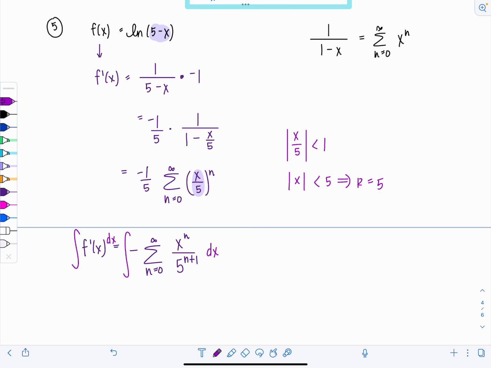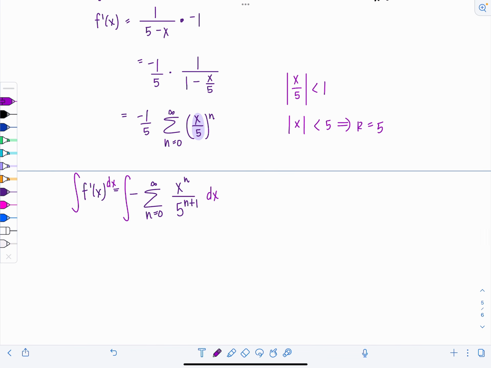It makes me angry. Okay, so then now over here, we've got f of x equals. Don't be scared to integrate an infinite series, okay? I know it can be overwhelming, but just remind yourself, this and this are just constants because I'm integrating with respect to x.